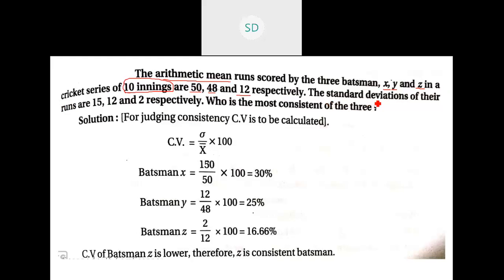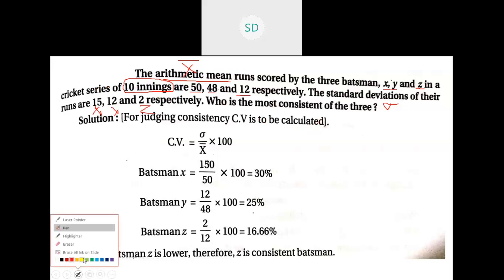Next, the standard deviation of their runs. So they have given us X bar here, and they have given us standard deviation. The standard deviation of X is 15, Y is 12, Z is 2. That's what is given to us. Who is the most consistent of the three?